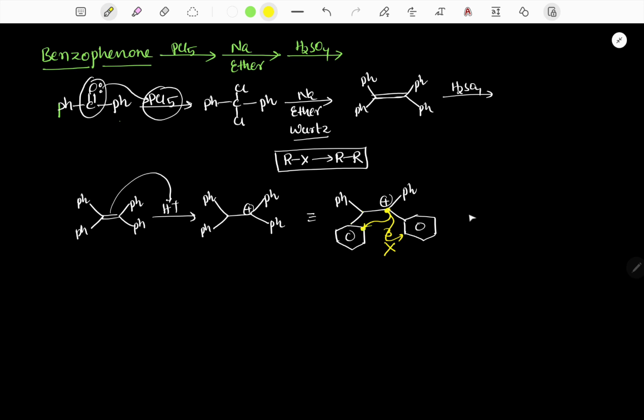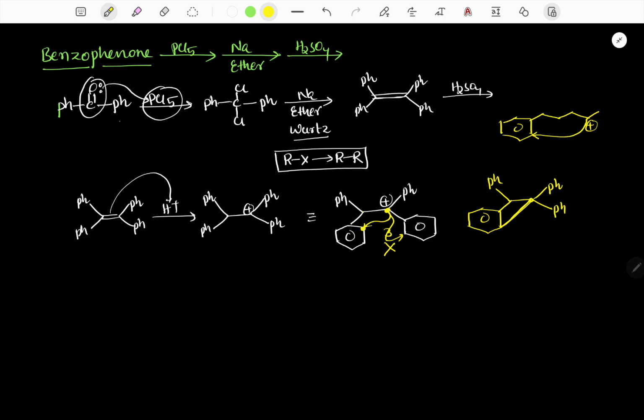Therefore the corresponding structure we can write, it is a benzene, and here a Ph group, and it is our electrophile. In the class we have practiced questions like this. If C plus is present here, it simply forms the corresponding ring. In this case also similarly it forms the corresponding ring like this.